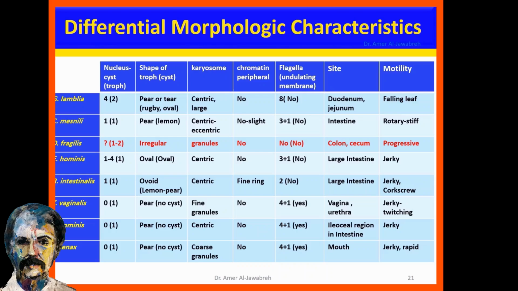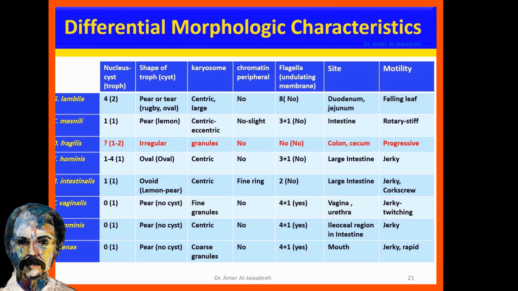So if you use the wet mount, it is difficult to make diagnosis because it looks like artifact and debris, as we said. Peripheral chromatin, no. It doesn't have flagella or undulating membrane, although microscopically they have seen these small flagella.